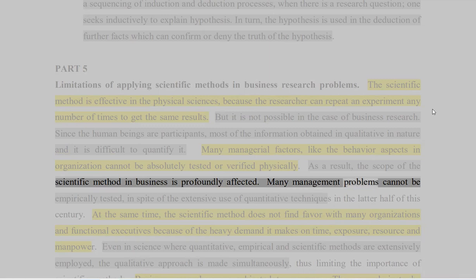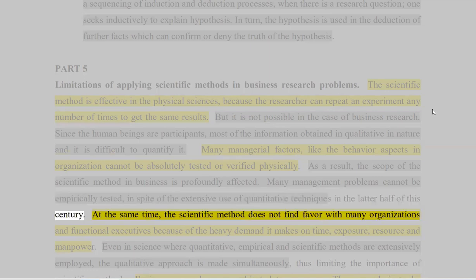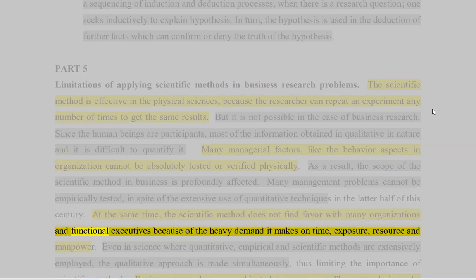Many management problems cannot be empirically tested, in spite of the extensive use of quantitative techniques in the latter half of this century. At the same time, the scientific method does not find favor with many organizations and functional executives because of the heavy demand it makes on time, exposure, resources, and manpower.